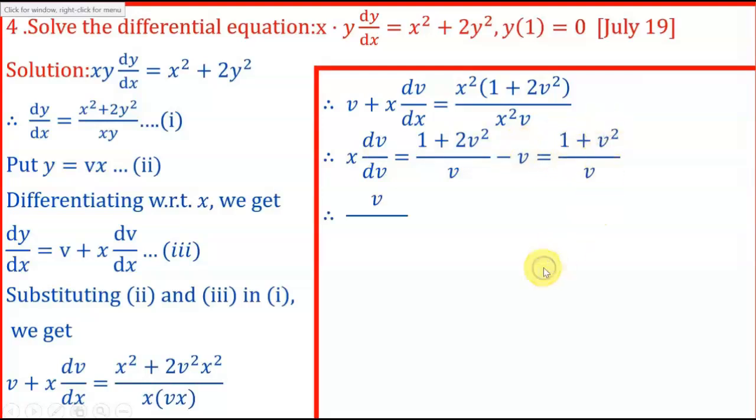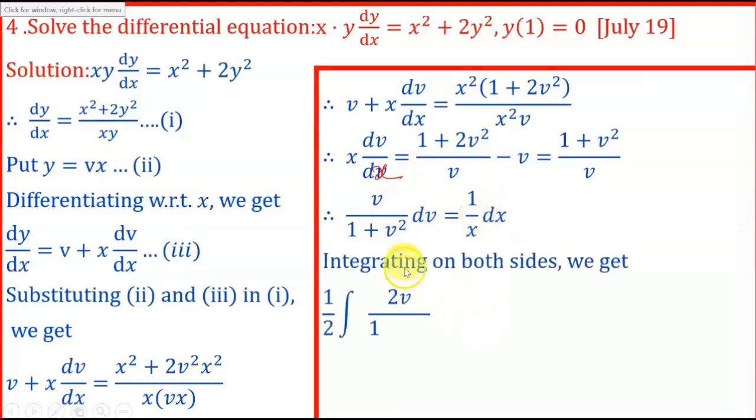Again, apply the variable separable method. Shift this (1 plus v square) upon v to the left hand side. After separating the variables, you will have v upon (1 plus v square) dv is equal to 1 upon x into dx.